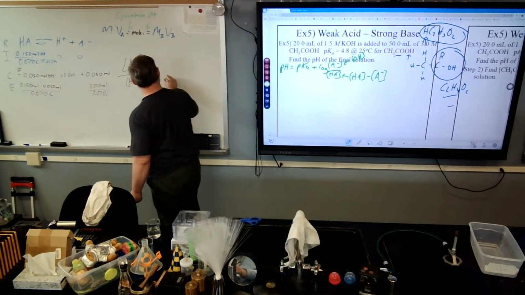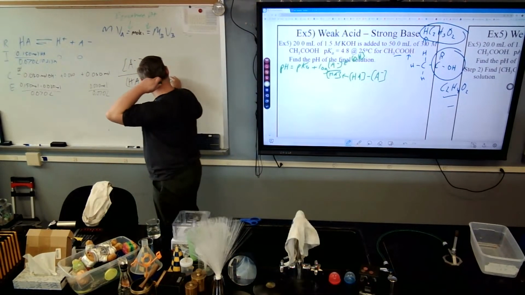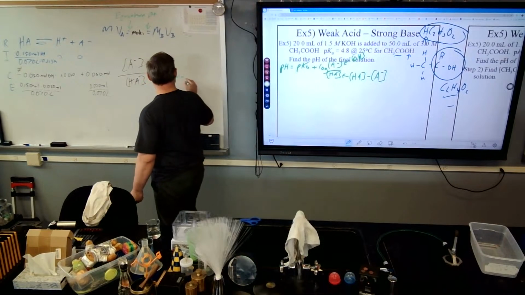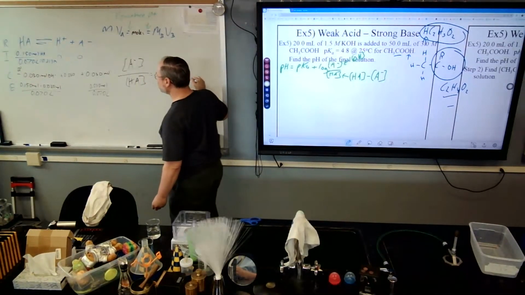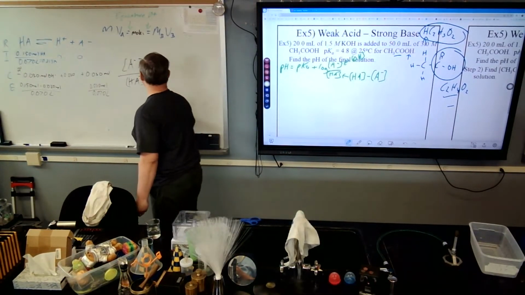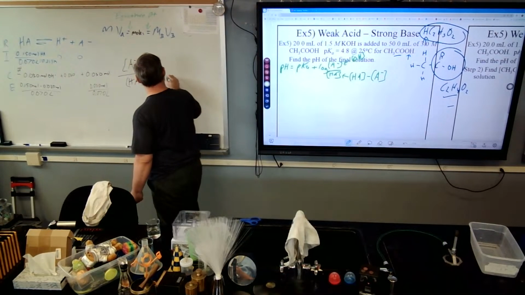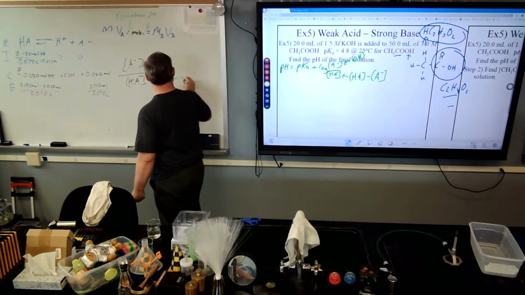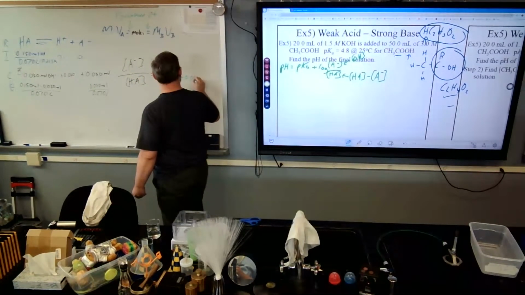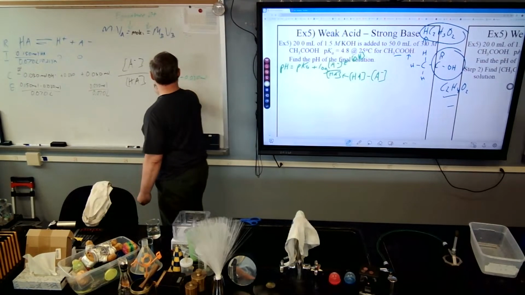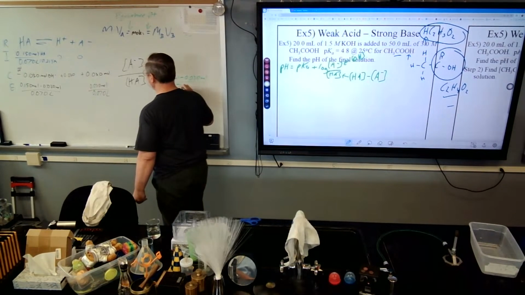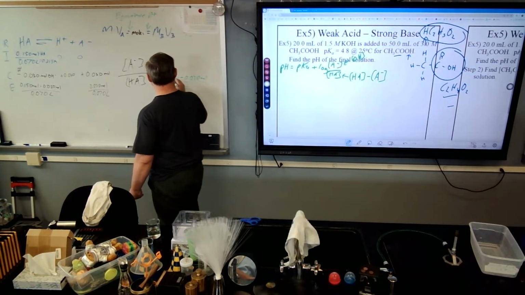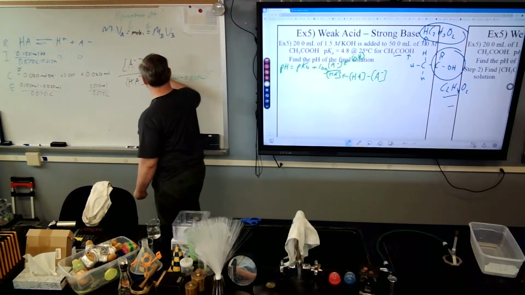This is 0.030 moles. This is 0.150 moles minus 0.030 moles, all over 0.070 liters. That is the HA.